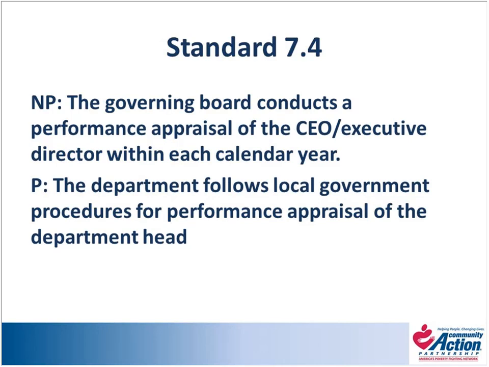But if it is different, say if it's every 6 months, or there is some sort of different process, then you would just provide whatever documentation backs up that process. But if it is very similar to the yearly performance appraisal, then you would just submit the same documentation.